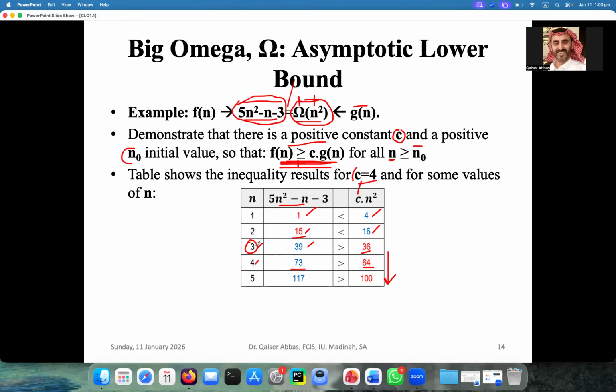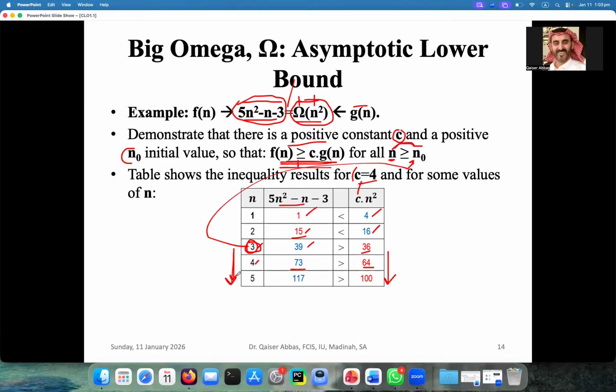What is n0? Equal is not existing, but less than; n0 is the point just before the first greater value from where it starts. So your n0 is 3, and this holds for all n greater than n0.